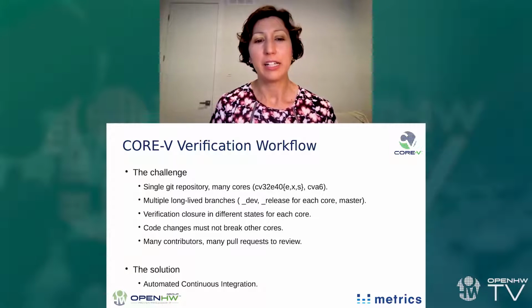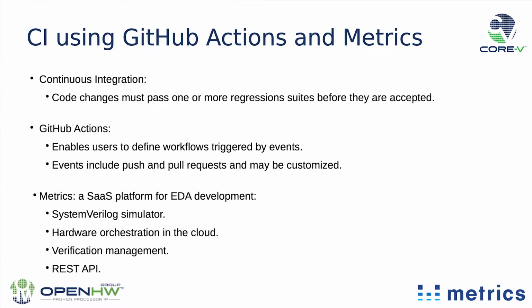And that's where continuous integration, or CI, comes in. What is continuous integration? Simply stated, it means that code changes must pass 1 or more regression suites before they are accepted. The simplest example of this is that a pull request or a merge commit made to one of the development branches of CORE-V MCU needs to pass a sanity regression before it is accepted.